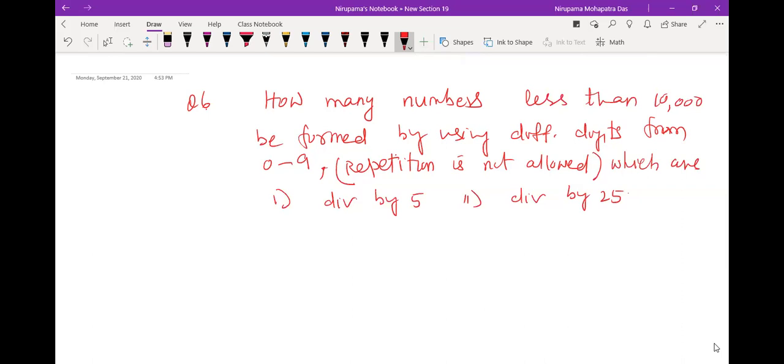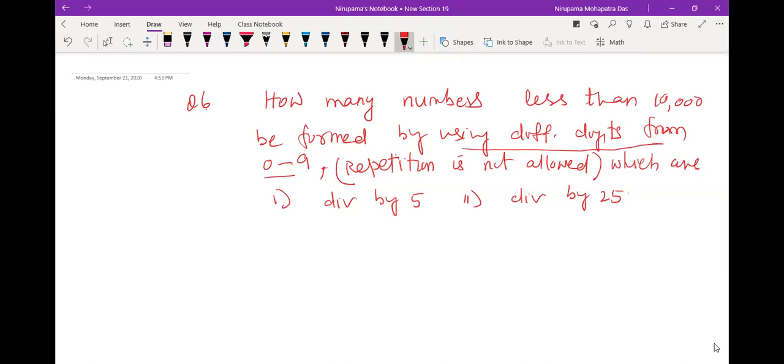Here we are not given how many digit numbers, unlike the question we have taken earlier, with 5 digits given and numbers less than 40,000 using all 5 digits. That was the language of the question.